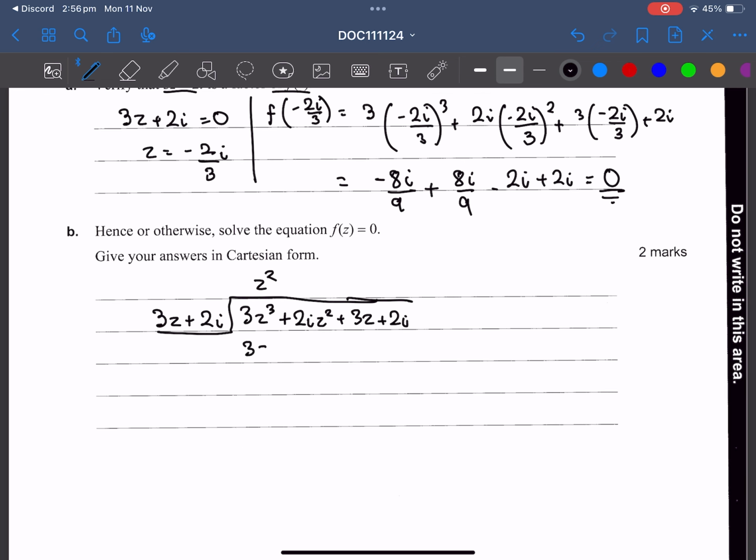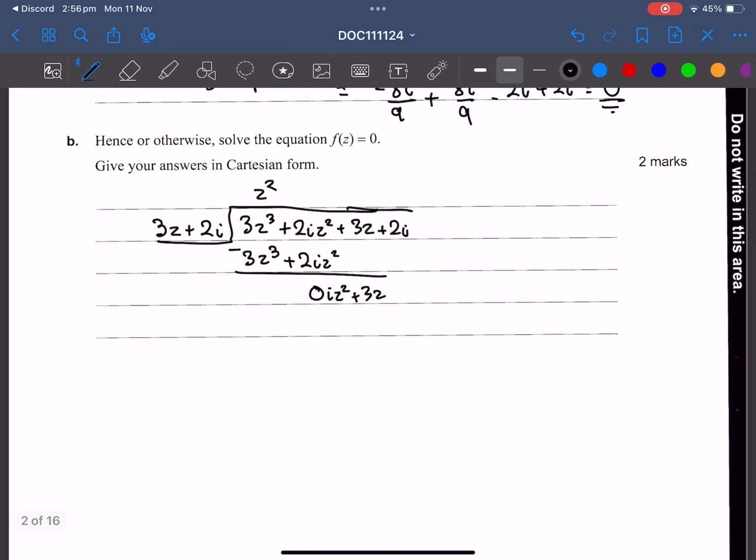So z squared, 3z cubed plus 2iz squared, take away, gives 0 z squared, plus 3z, so that would be plus 0z. Then 0z, so that would be 3z plus 2i.